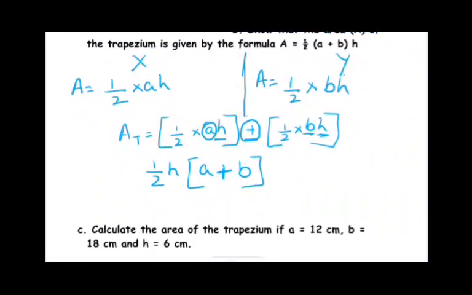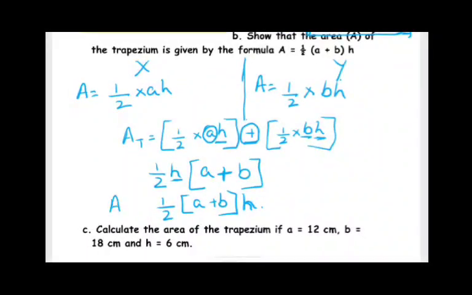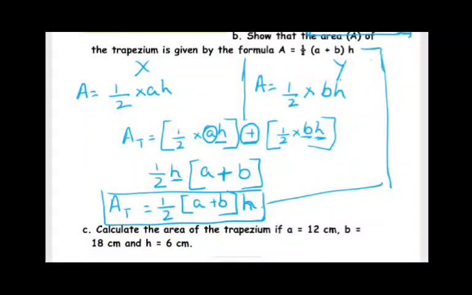I can place this h behind the bracket as well. Doesn't make a difference. So isn't the area of the trapezium looking the same as how they want us to prove it? Yes, children? So area of trapezium is equal to half (a plus b) h.